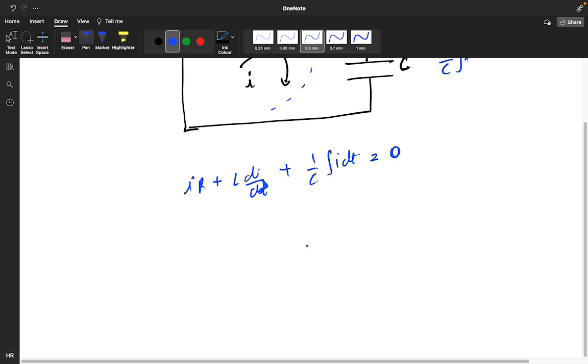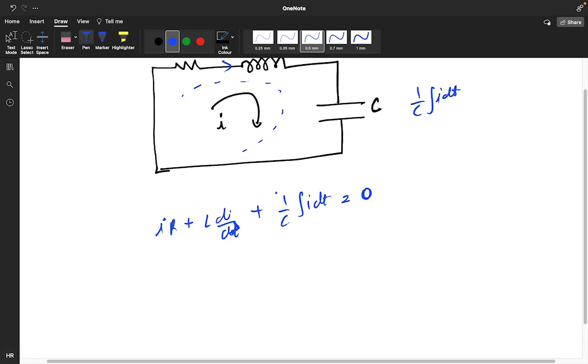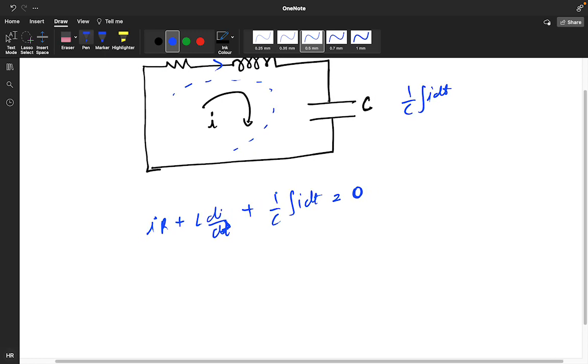Now, V is equal to L di by dt. V is equal to L di by dt, right?